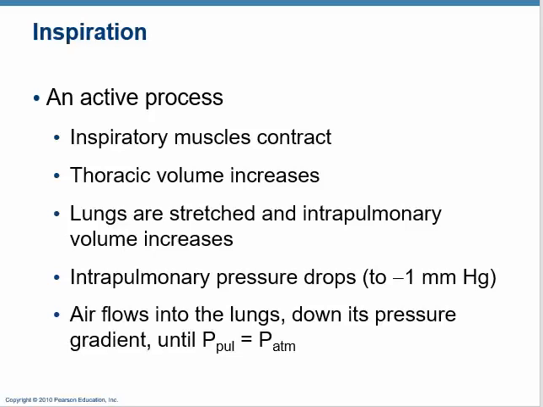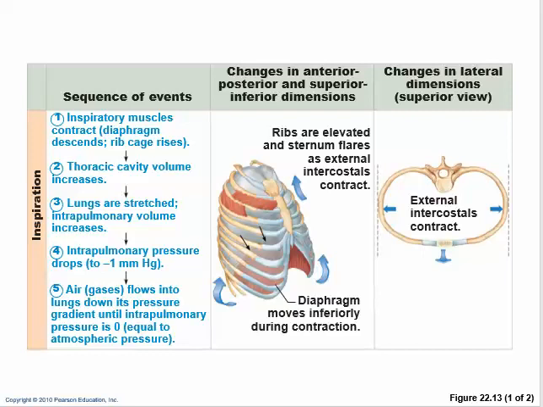You will raise your ribs up, which will increase the volume, so therefore decrease the pressure, and air will flow in. But this is a conscious, active thing that we use skeletal muscle for. So we flatten the diaphragm, raise the thoracic cavity. We use the intercostal muscles. I'm not going to ask you to know the names of the muscles or anything.